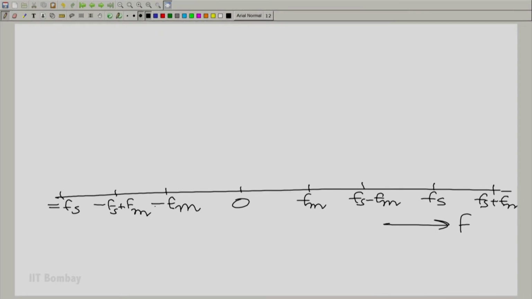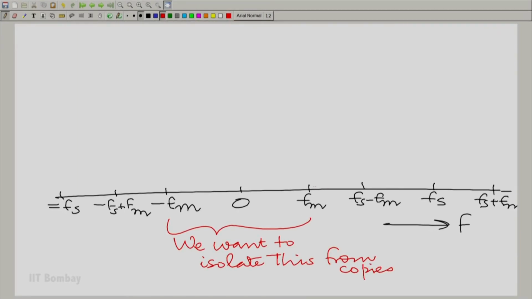What you really wanted to do was to isolate this from its copies, and now we have this margin here which I can also interpret as a do not care region. What I mean by a do not care region is, I do not worry about what the frequency response is in that region. Anyway, I am not interested in what the system H(F) does there.